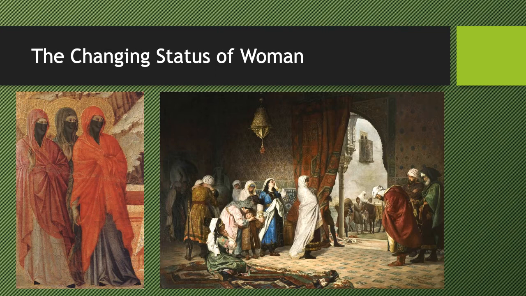One of the things we're going to see socially now is the impact that the Islamic expansion has on the status of women. When Islam first began, women were considered equal. Muhammad had married his boss, essentially, right? His wife was a merchant.